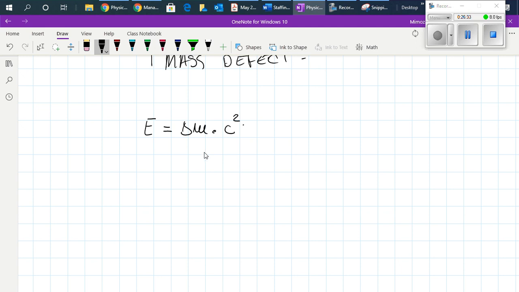And notice here that the change of mass should be in kilograms, not in unified atomic mass. So this equation shows that a certain amount of energy has an equivalent mass, and a certain amount of mass has equivalent energy. This is known as the mass-energy principle.